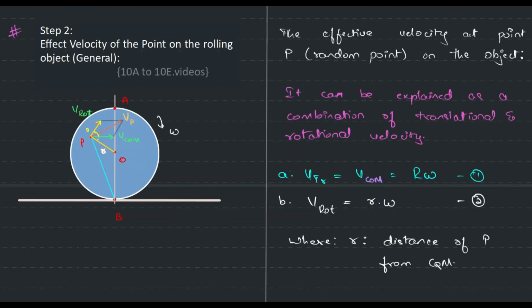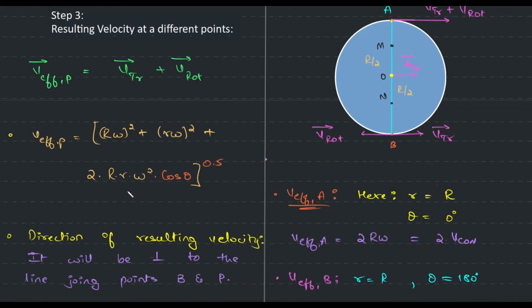Now, once that happens, I can take a random point on the circle, within the circle or the wheel, and derive an expression for velocity. Again, here too, I am breaking it down to translation and rotation and expressing in terms of center of mass. And effectively, I get this as your effective velocity, the resultant velocity.